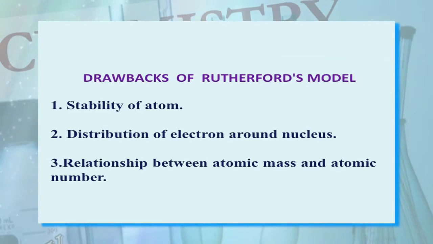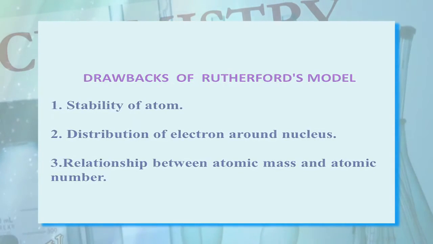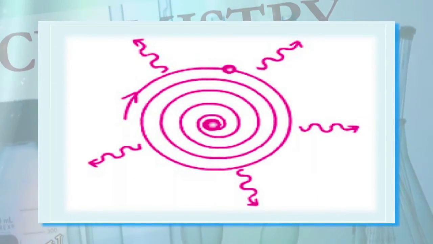Distribution of electrons around the nucleus, it was not mentioned in this model where the specific position of electrons and protons is. The relationship between atomic mass and atomic number is also not explained by the Rutherford atomic model. These were the main drawbacks. This picture depicts that when electrons start revolving around the nucleus, they will radiate energy and ultimately collide with the nucleus, which shows the instability of the atomic model given by Rutherford.